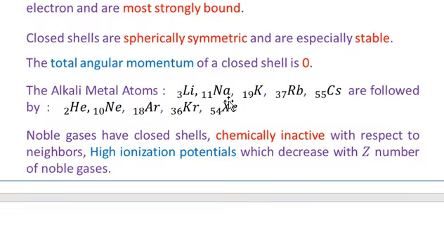And then the sodium atom has 11 electrons, but its closed shell contains 10 electrons. Similarly, the potassium atom has 19 electrons, but its closed shell will contain 18 electrons as shown by the argon. And similarly, for the rubidium, which has 37 electrons, its closed shell will contain 36 electrons. The cesium has 55 electrons, and its closed shell will contain only 54 electrons.